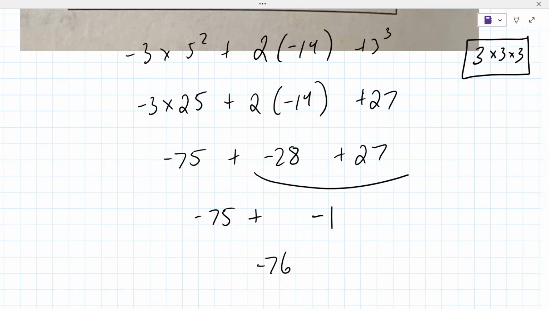So 2 times -14 is -28, right? Okay, -28. Yep.